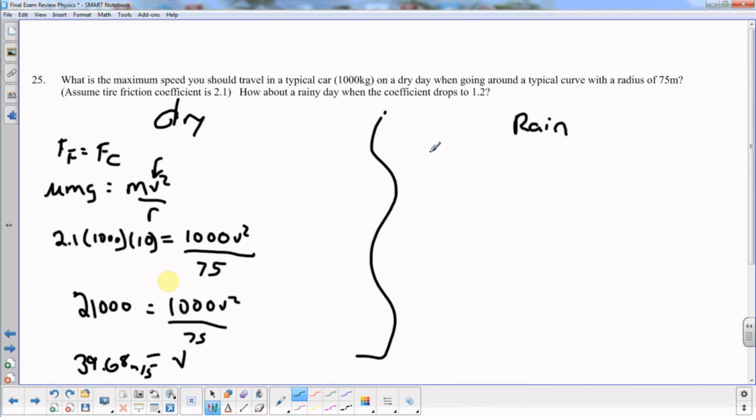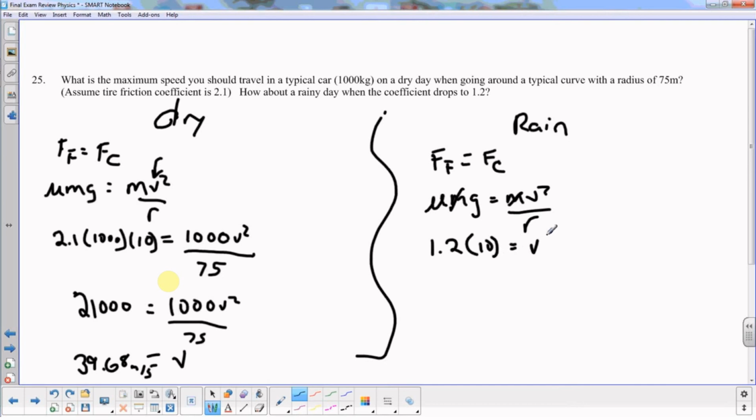Now, when it rains, I'm going to save myself some headache here. Again, Ff is Fc. The thing making you go around in circles is frictional force. Fc. And again, μmg equals mv squared over r. But now I'm going to save the headache. Get rid of the m's. μ is, on a rainy day, 1.2, not 2.1, equals v squared over r.